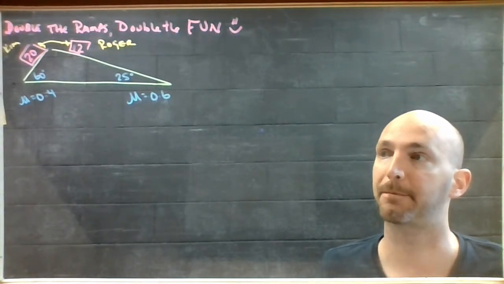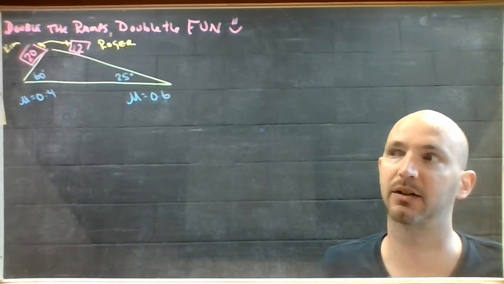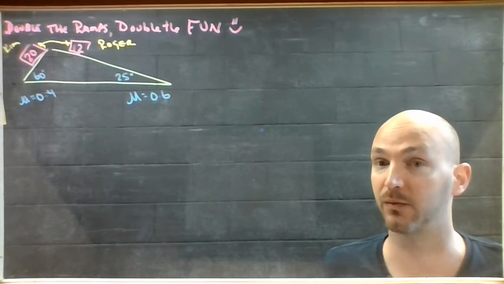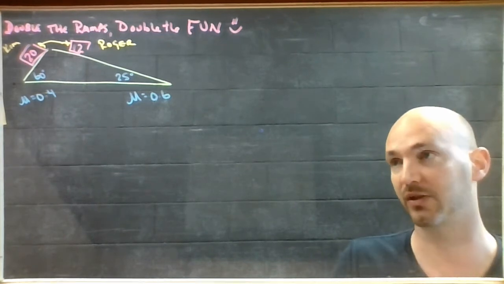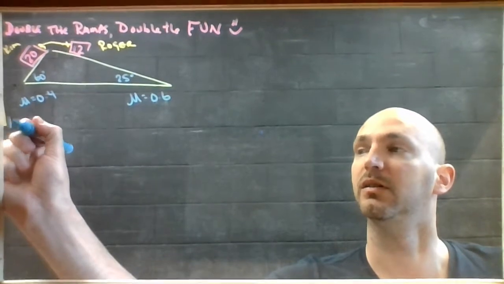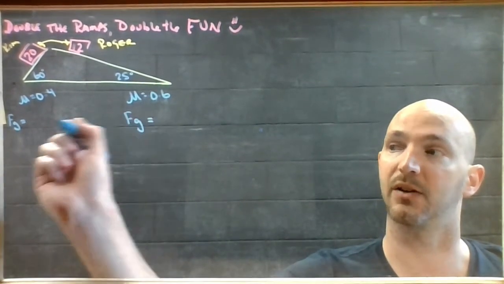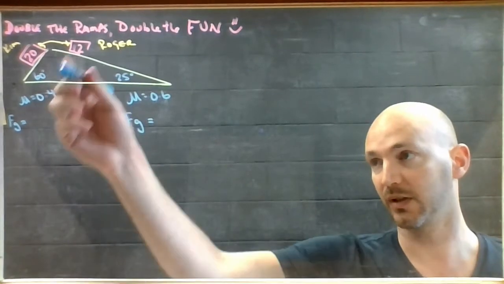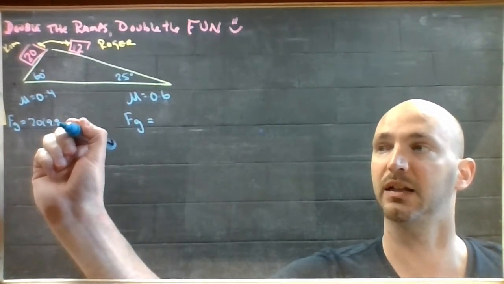blocks. Both of them are on ramps, so I'm going to have to break their gravity into more convenient reference frames. So I'm going to start with the gravity calculation for each. FG, you maybe notice that this is always the first step. Get gravity because it's pretty straightforward. So on Kim's side, it would be 20 times 9.8.